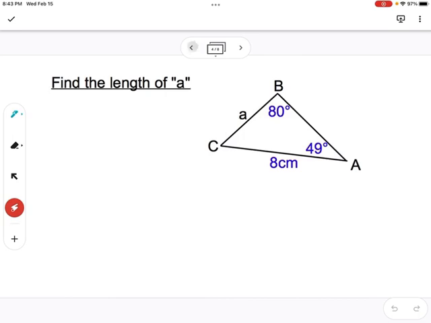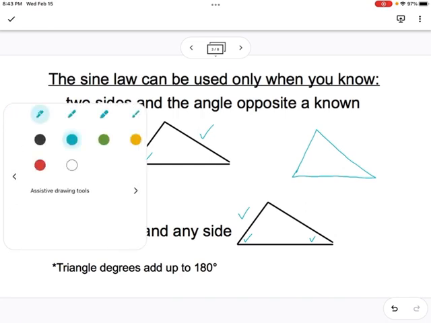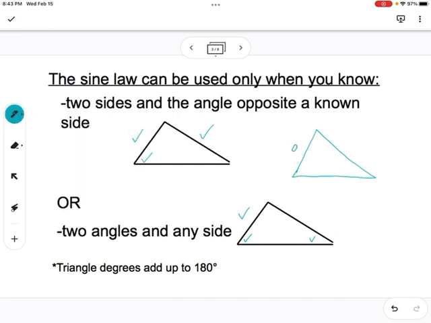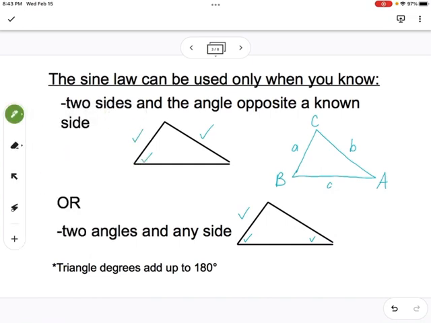I'm going to go back for a second here. I'm going to draw another triangle here. So if we have side A and angle A, side B, angle B, side C, angle C. We want to match up any of the pairs we have.